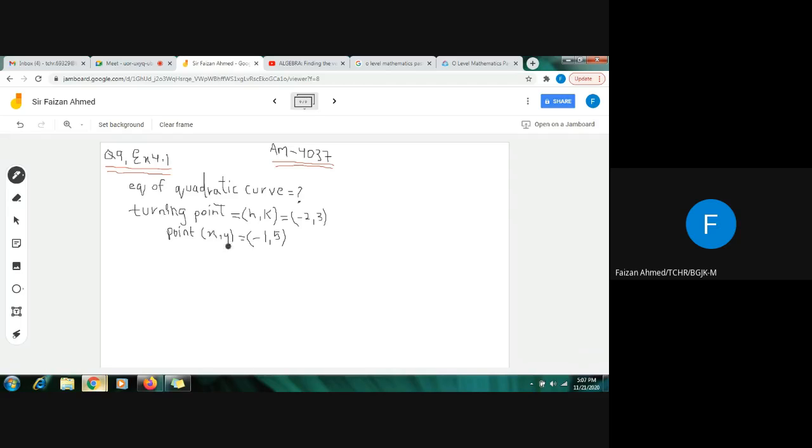We know the general form of the quadratic curve, but there are two forms. The first one is the general form and the next one is the vertex form.